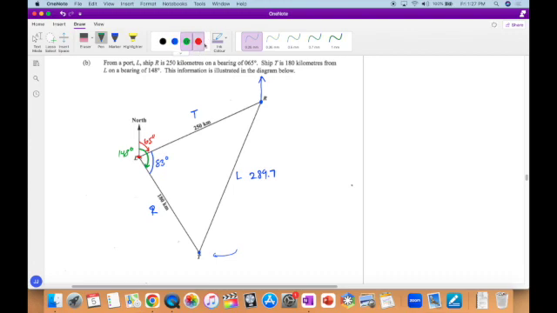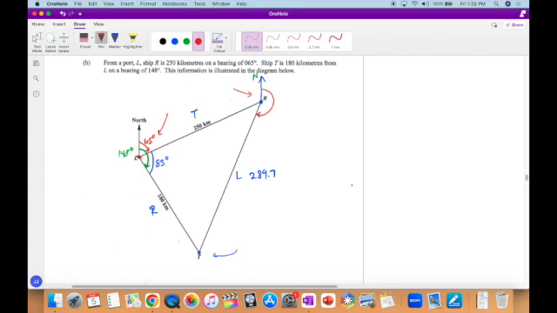So what I actually want is, from this north line here, the bearing from R going to T from those parallel north lines. Because the north lines are parallel, this angle here and this angle here are co-interior. Co-interior angles add up to 180 degrees.